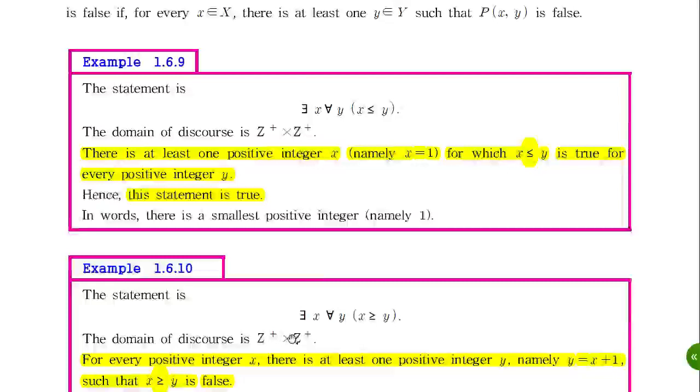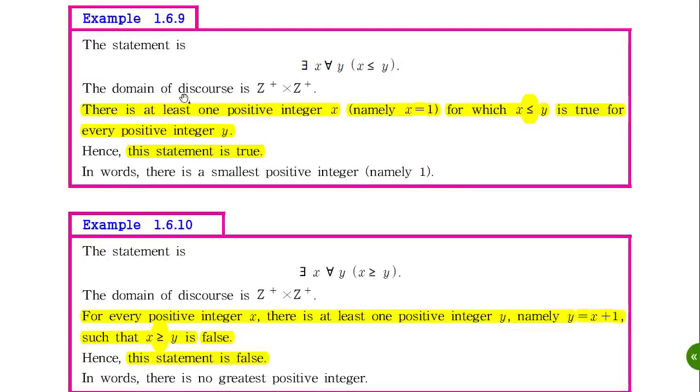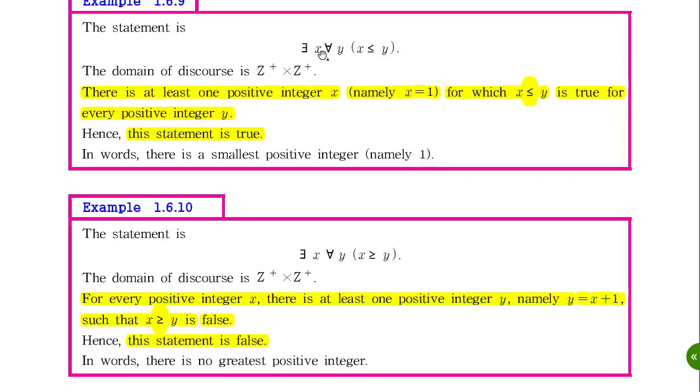That's the difference. And the statement for there exists x for all y such that x is less than or equal to y is true, because there exists at least one positive integer for which x is less than or equal to y is true for every positive integer y.